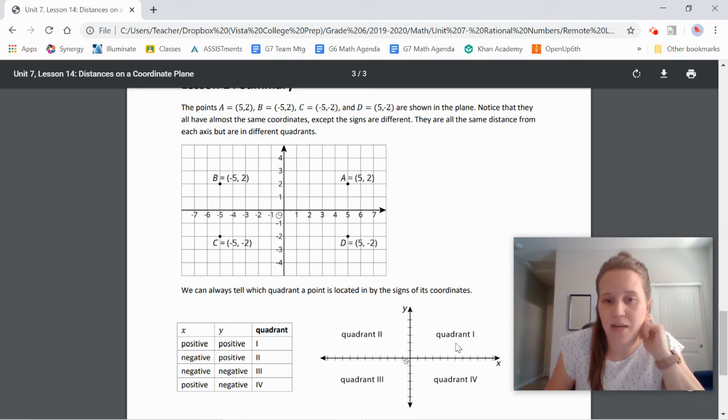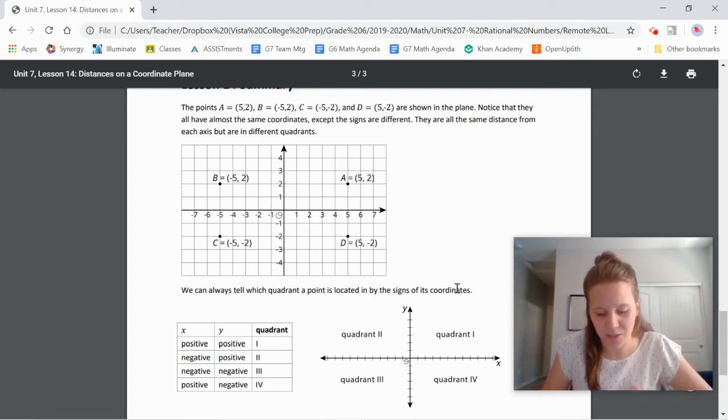Positive x value, positive y value. If the x value is negative and the y value is positive, that always falls in quadrant 2, negative x, positive y. If the x value is negative and the y value is negative, that point always falls in quadrant 3. And if the x value is positive and the y value is negative, that always falls in quadrant 4. Remember, we show 4 with a capital I, capital V. That's 4 in Roman numerals.